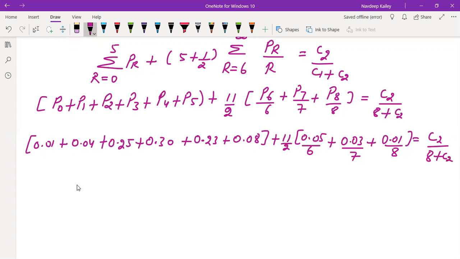After solving this equation, we will get the value of C2 as 570.25.